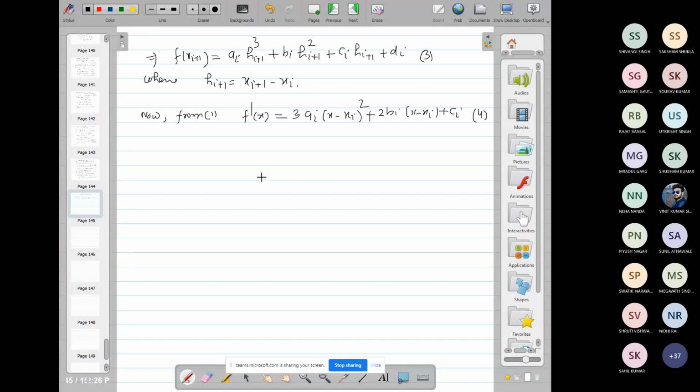Suppose this is 4, and f double dash x is equal to 3 into 2ai (x minus xi) plus 2bi into 1. Suppose this is 5.